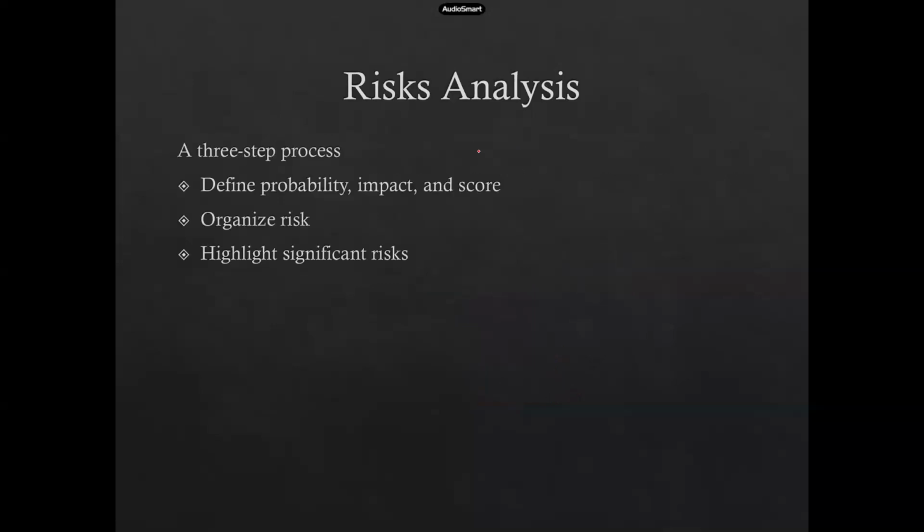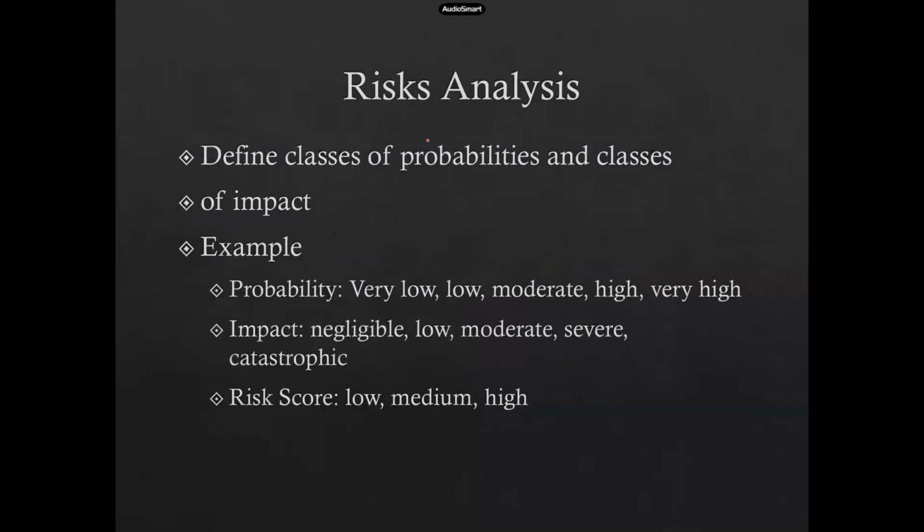So the risk analysis has three steps. One is to define probability, impact, and the scope. Then organize the risks and highlight the significant risks. Now, when we talk about defining the classes of the risks, we can define the probability, the impact, and the risk score, all three of them. The probability goes with very low, low, moderate, high, and very high.